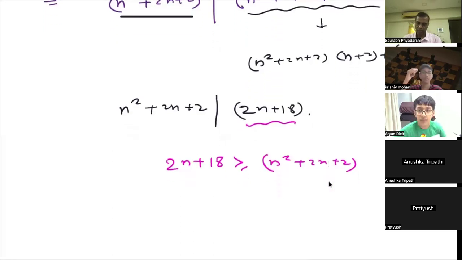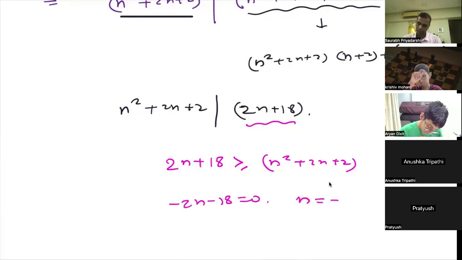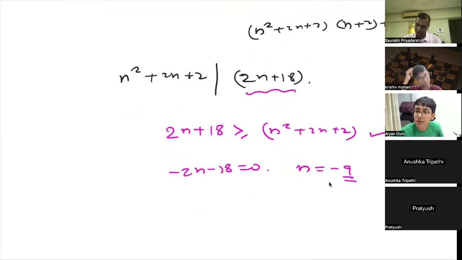So in the first case, minus 2n minus 18 will be 0, so n is equal to minus 9. And this inequality holds for n square less than or equal to 16, meaning n lies between minus 4 and plus 4.